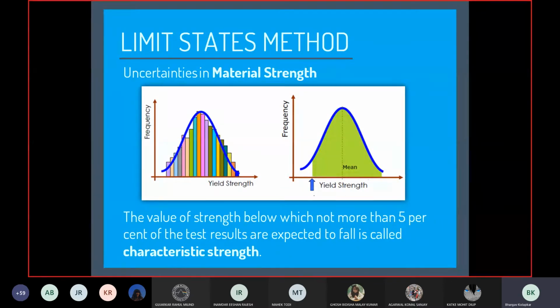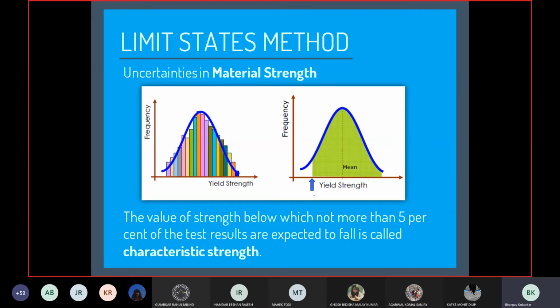So what it means to have 40 megapascals of characteristic strength is that if I cast 100 cubes and if I test them one by one, only 5 of these cubes will have a compressive strength of less than 40 megapascals.